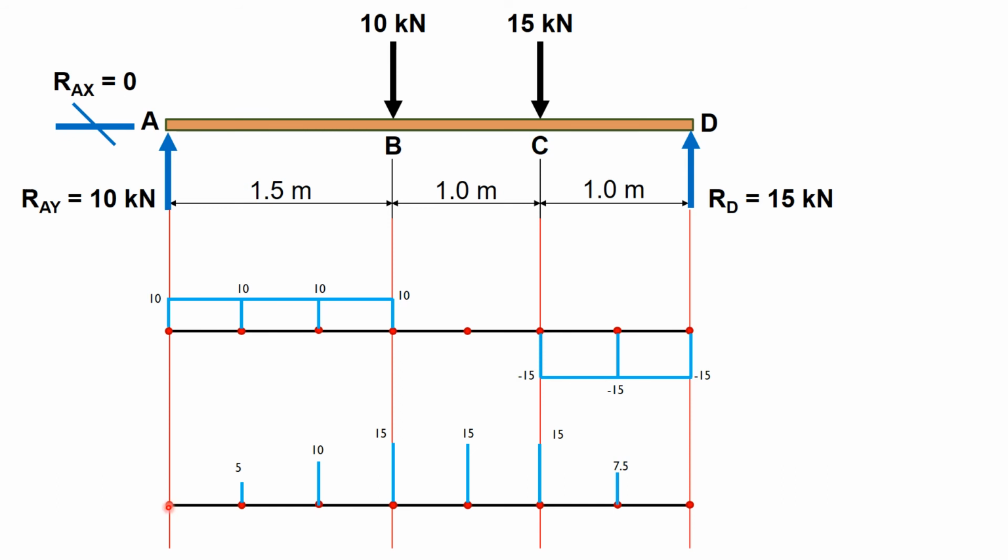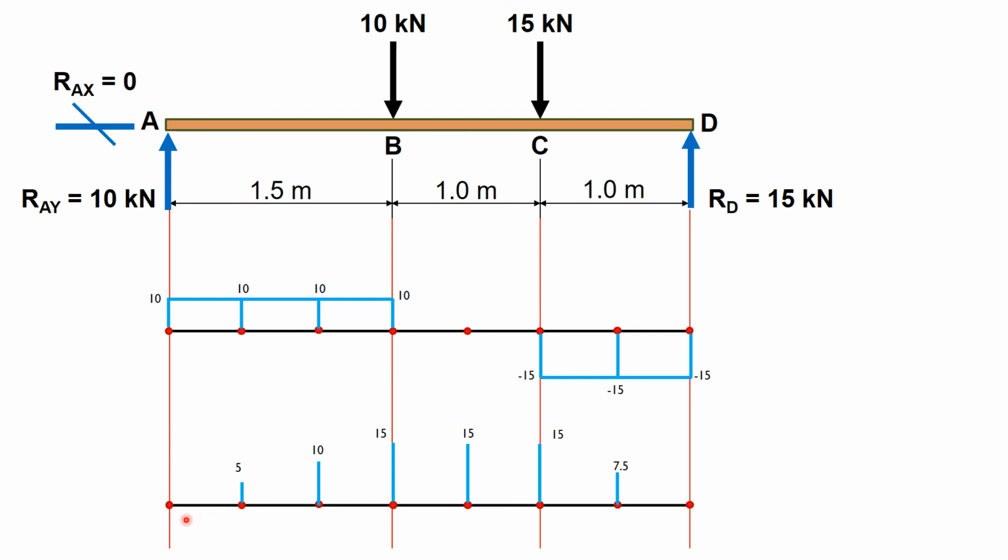So, for segment AB, pag tinignan natin yung values, say for example, every 2 consecutive values, ano yung difference ng dalawa? You have here 0 and 5, so ang difference is 5. 5 and 10, difference is 5. 10 and 15, difference is 5 also.